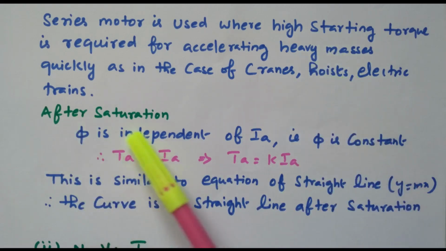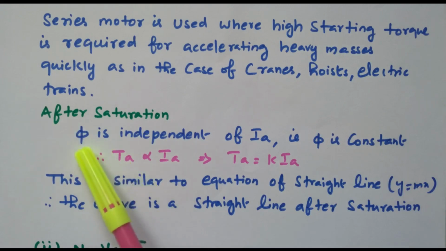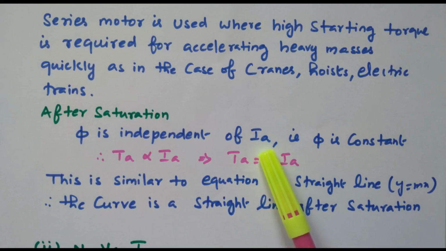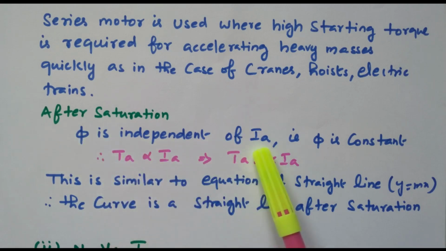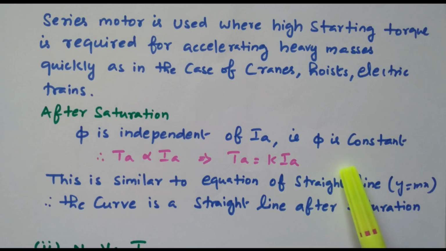After saturation, which means the machine has attained full speed, phi is independent of Ia. Previously, when Ia increases, phi also increases. Once it attains saturation, Ia and phi become independent, so phi is almost constant. In that case, TA is directly proportional to only Ia, TA equals K into Ia.